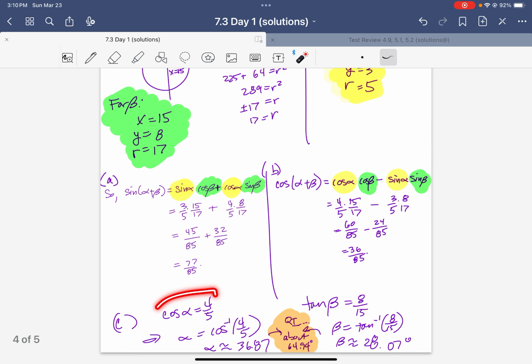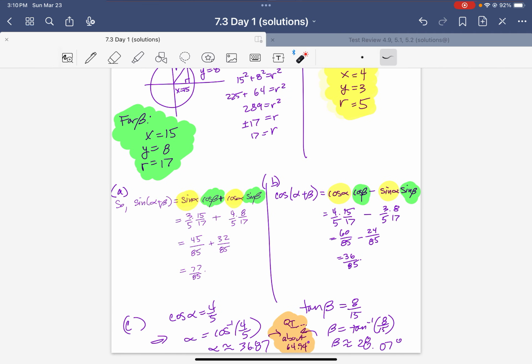But then, if this is cosine for part C, we can do cosine inverse to find that reference angle in the first quadrant. If we do tan inverse of this, we get this in the first quadrant. So if those are our two angles, and you add them together, the sum of alpha plus beta would be in quadrant 1, because it would be approximately 64 point some business, 54.